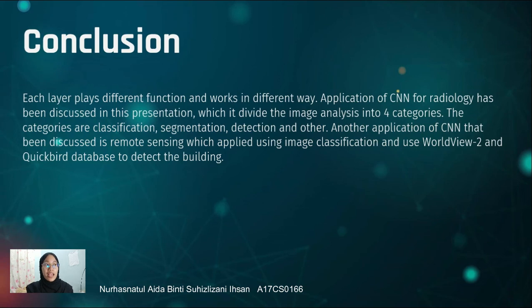The application of CNN for radiology has been discussed, which divides image analysis into 4 categories: classification, segmentation, detection, and others. Another application of CNN that has been discussed is remote sensing, which is applied using image classification and uses the WorldView-2 and QuickBird databases to detect buildings. That's all from us. Thank you.